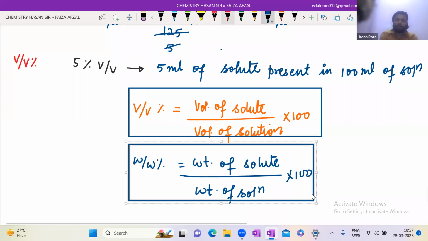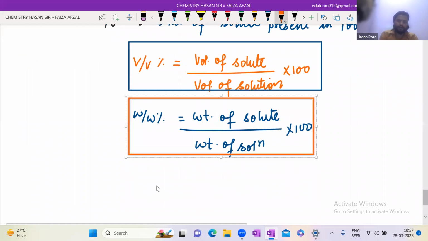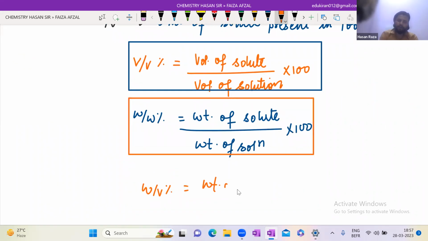Now, if you are going for weight by volume percent, then weight by volume percent will be equal to weight of solute, and in the denominator you can see it is volume. So volume of solution and then into 100.